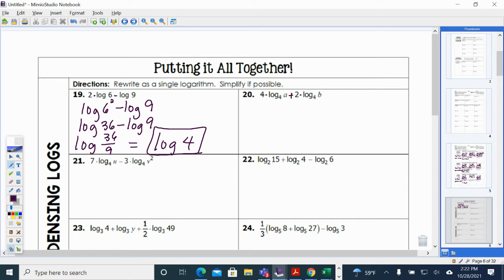So rewrite moving those exponents, because that 4 is really an exponent. Log base 4 of a to the 4th plus log base 4 of b squared. Now, addition and multiplication go together. So we're going to rewrite this as log base 4 of a to the 4th times b squared, or just a to the 4th b squared.